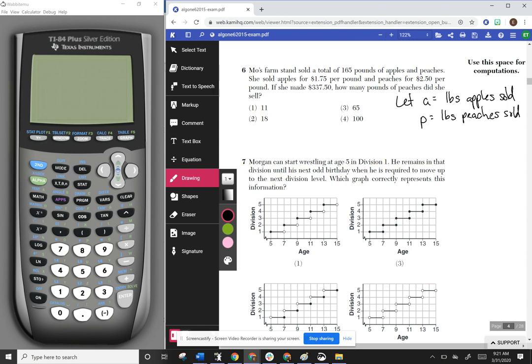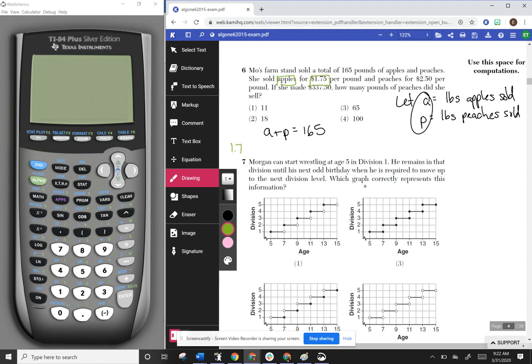Okay, so now that we have defined our variables, we can write a system of equations, or we can write some functions to represent the situation and solve. So we know that the total amount of apples and peaches, A plus P, is going to equal 165 pounds. We also know that she sold the apples for $1.75 per pound.